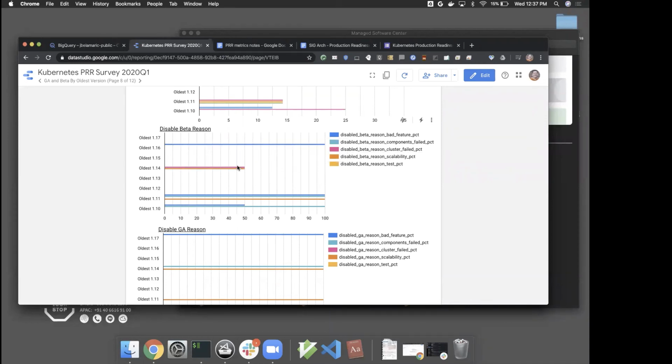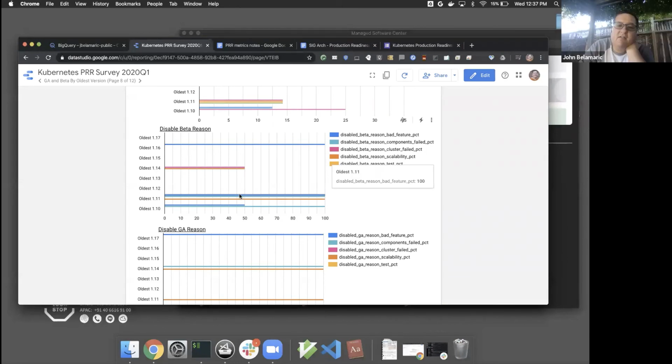The fact that they've changed over time. Yeah, let's see. Bad feature. Yeah, there were a lot more reasons here. And then here, I don't know. I'm questioning whether we can draw a lot of conclusions from it because of that wishy-washiness.